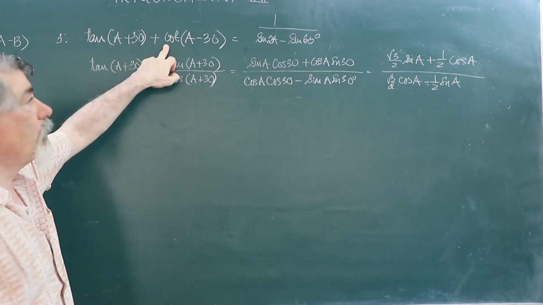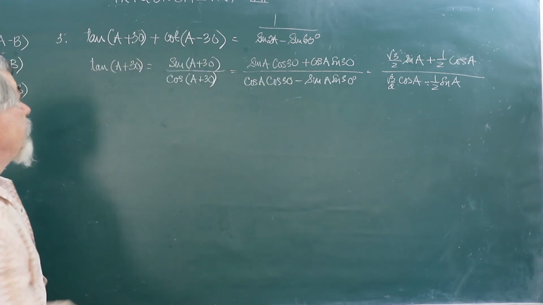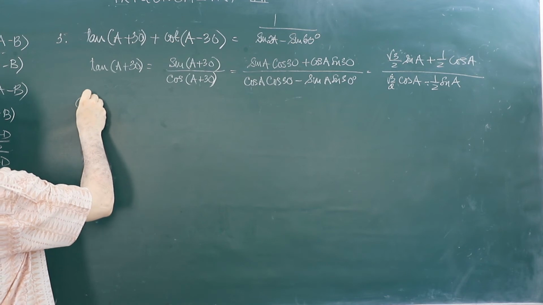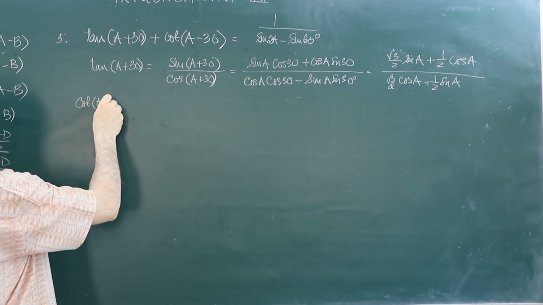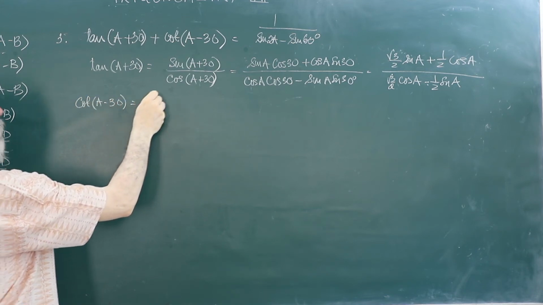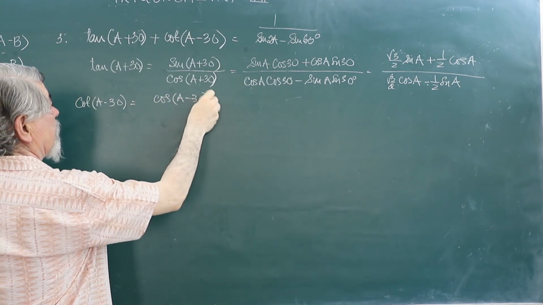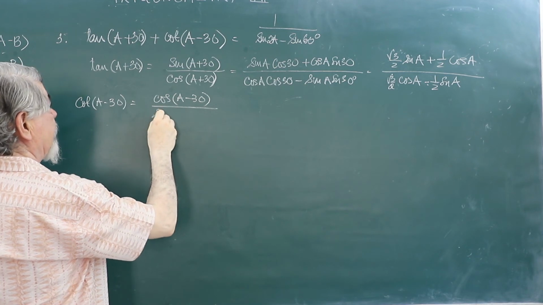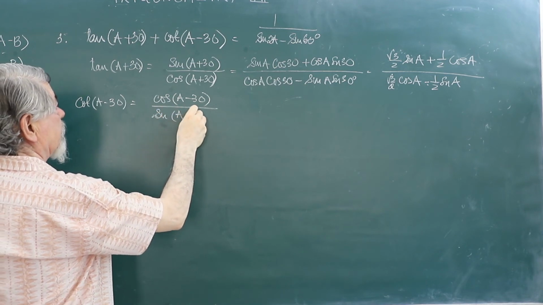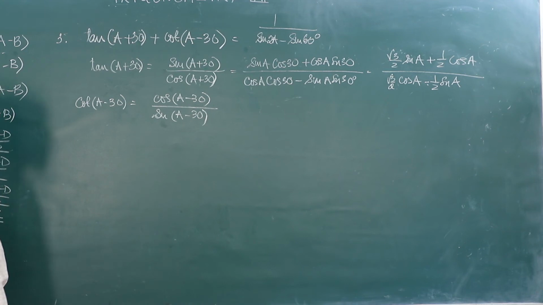Similarly, let us solve cot A minus 30. Cot A minus 30 will be cos A minus 30 upon sine A minus 30.